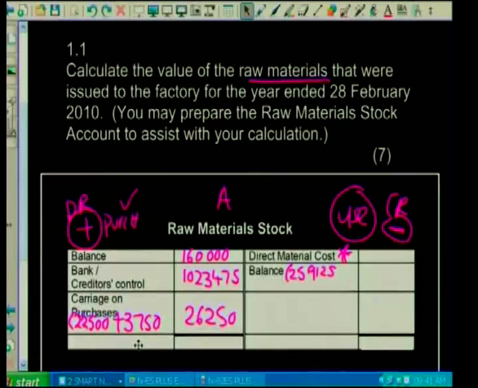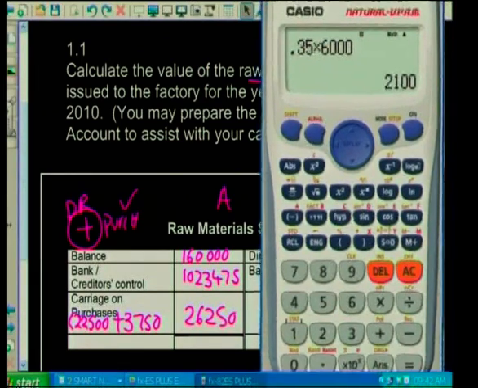So let's now go and adjust. Okay, so we are adjusting. We are obviously going to subtract because we've overvalued our closing stock by this amount. So minus 2,100. And again, let's get our calculators out. Let's just move this a bit.